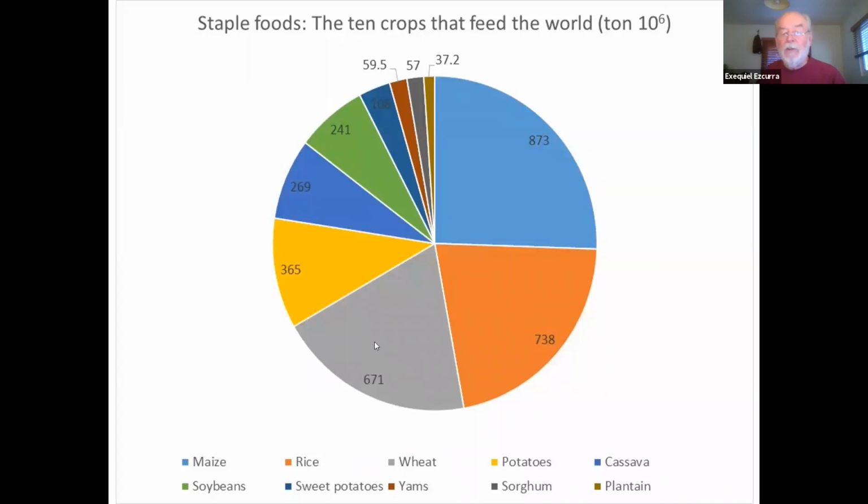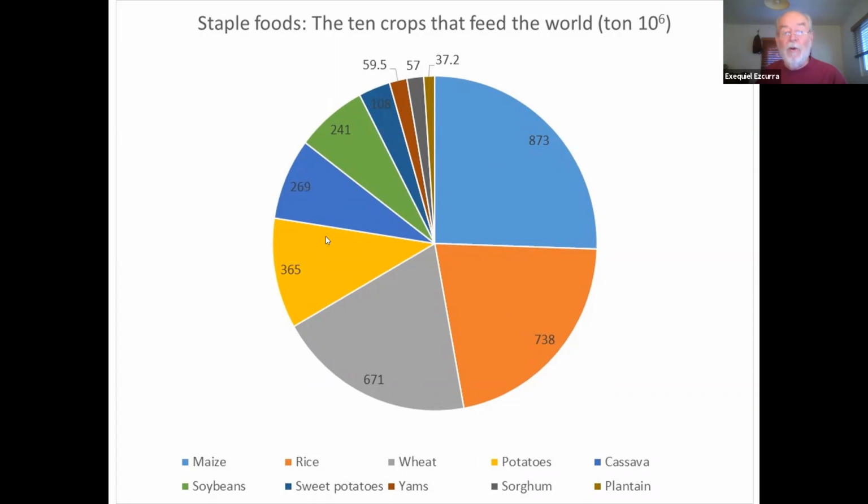In terms of calories, not in terms of weight, maize, rice, and wheat form almost 70%, over two thirds, of what provides calories to human beings. And if we add potatoes, cassava, and soybeans, that makes over 80%.